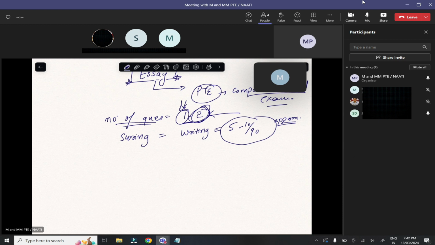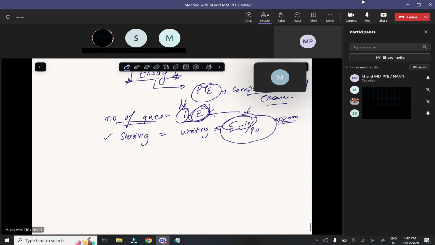So if you are aiming for 79, which is IELTS 8 or above, then this will definitely prove to be important for you. But if you're aiming for 50 or 65, this may not be the most important topic and should not be at the top of your priority list. But it's still 5 to 10 marks, so we should not take this topic for granted. Once you understand it well, our job should be to get a perfect score in this one. And it's absolutely possible, provided you follow all the things that I will be sharing.